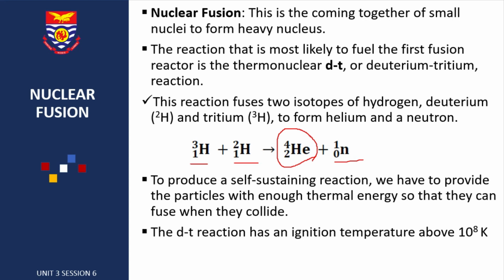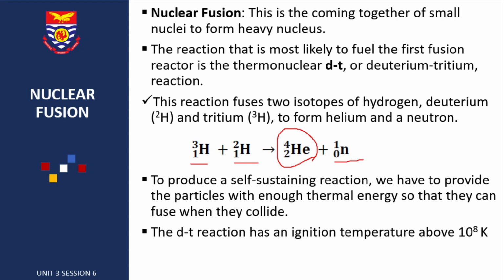For example, the deuterium to tritium reaction requires that we fuse two positively charged particles. This means that we must provide enough energy to overcome the force of repulsion between these two particles that are both positively charged. And so a high amount of energy is required.